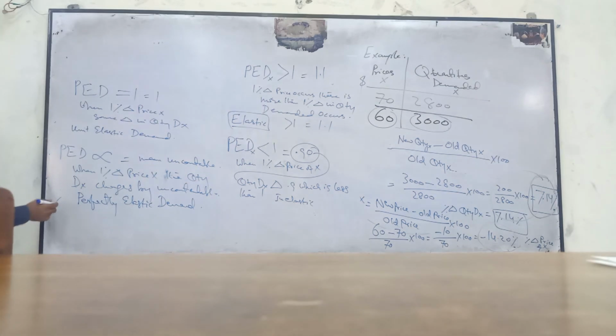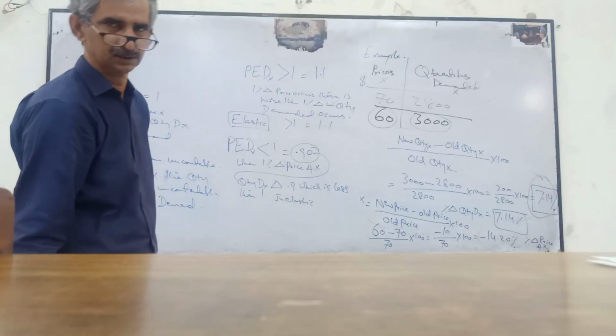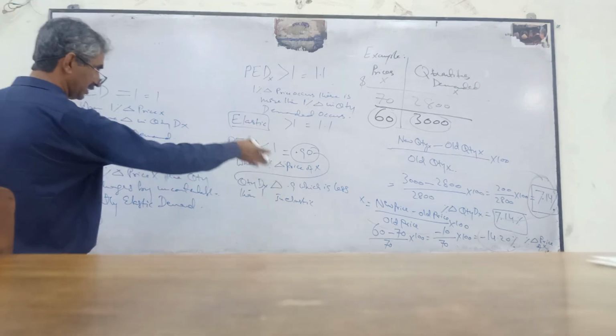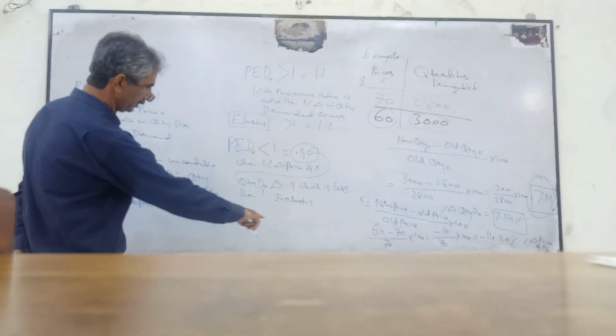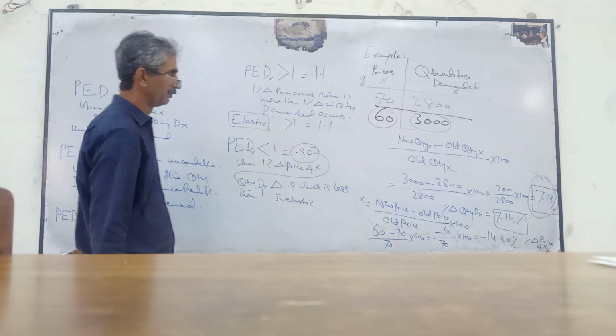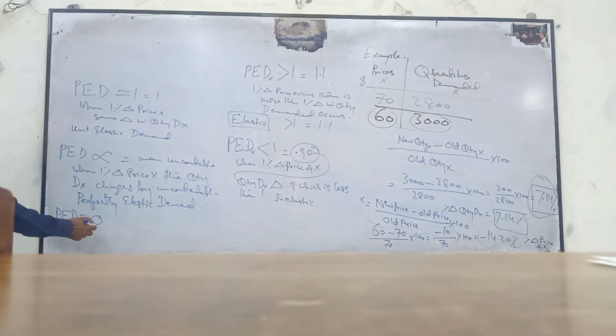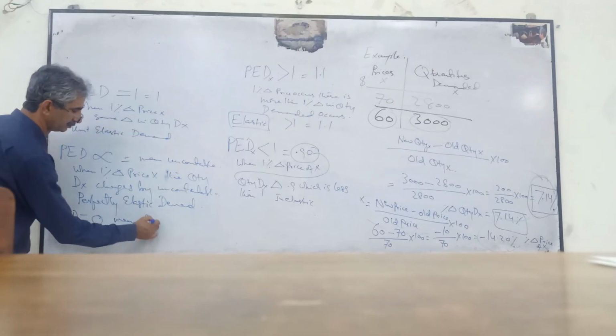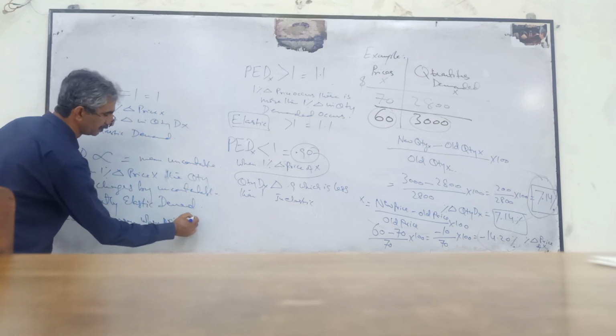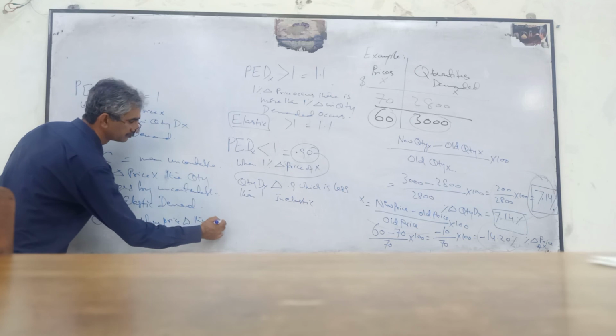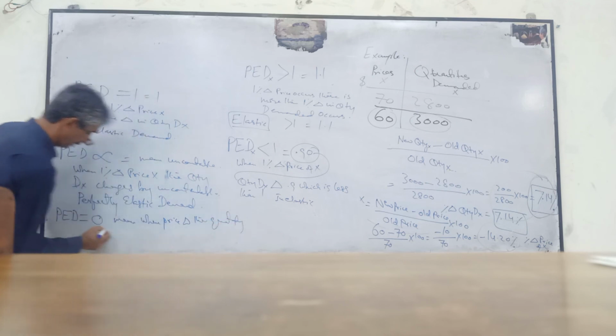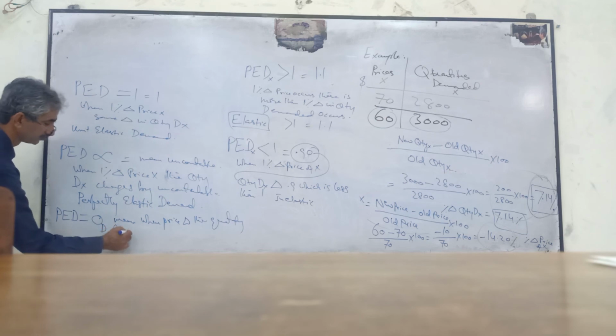And the last one, which is not the least: when your price elasticity of demand answer is equal to 0, after solving the formula of percentage change in the quantity demanded divided by percentage change in price, it means when price changes, the quantity demanded does not change.